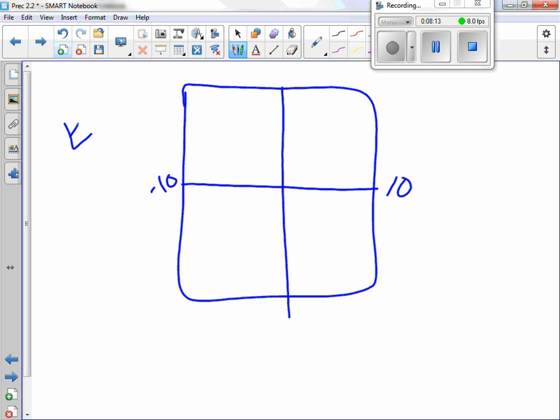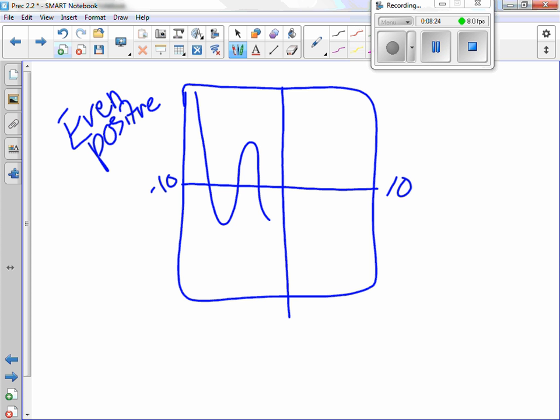They were looking at an even function that has a positive a value, okay? So you see it come in, and no, let's change that just a little bit. And then it takes off this way. Well, that's what the window shows us, yes?